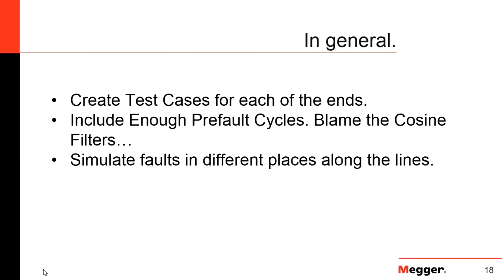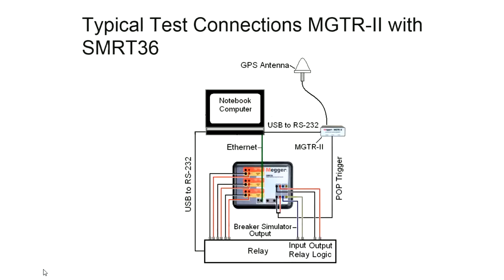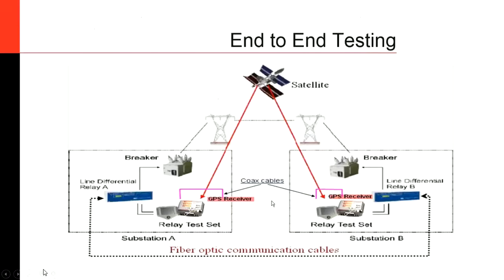Okay, when we are saying synchronize, we are saying that the test should begin at the same time on both ends of the line. We have a test set here and another test set here. This test set needs to begin the test at the same time as the test set on the other end of the line.